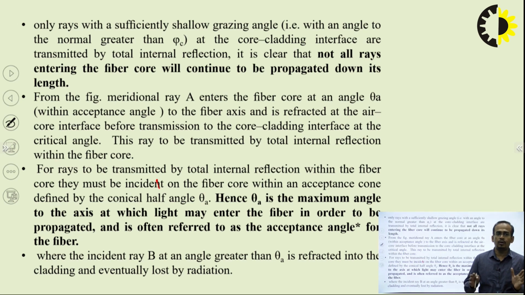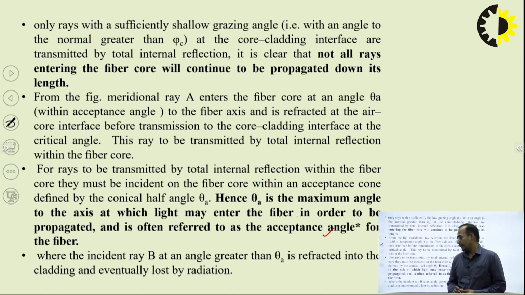For rays to be transmitted by total internal reflection within the fiber core, they must be incident on the fiber core within the acceptance angle. The acceptance angle is defined as the maximum angle to the axis at which light may enter the fiber in order to be propagated.